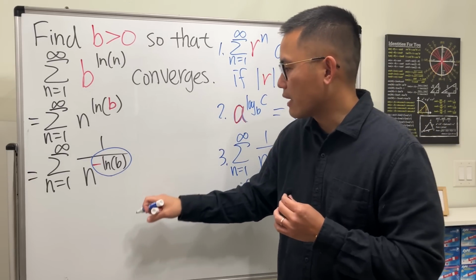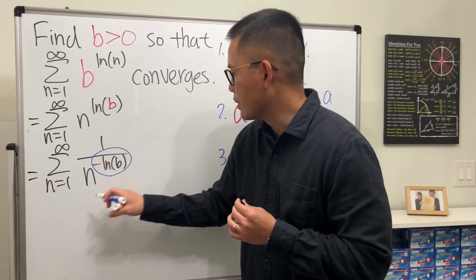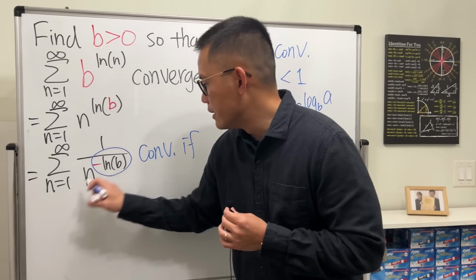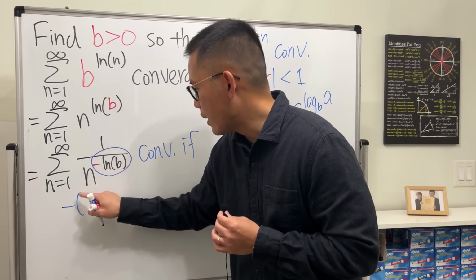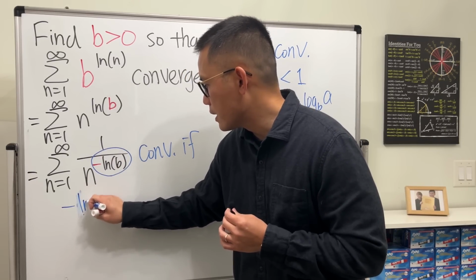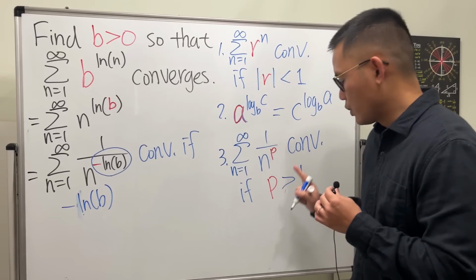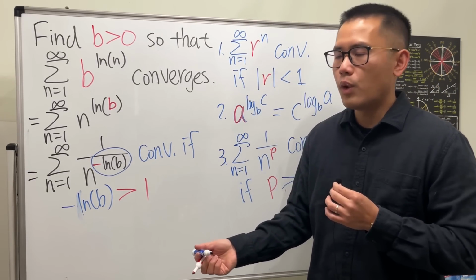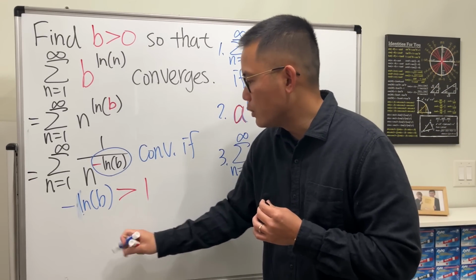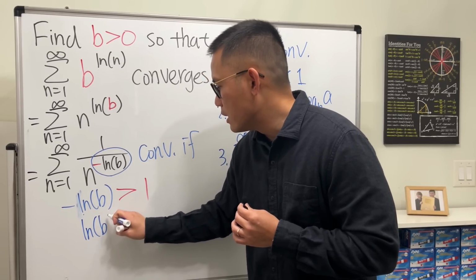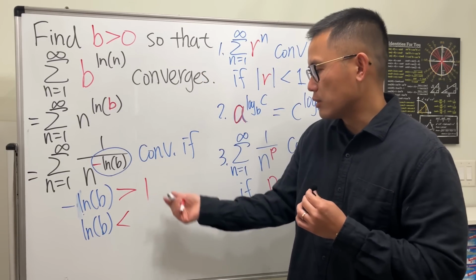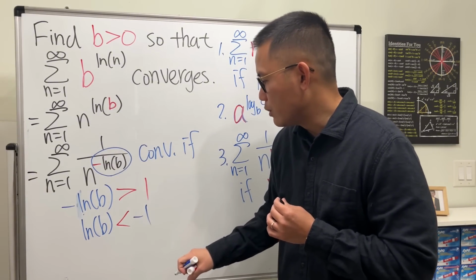This right here converges, I'm just going to write it down, converges if this, which is negative ln b, has to be greater than 1. And now we can just solve this inequality. Divide both sides by negative 1, we get ln b has to be less than, because we divide both sides by a negative, so we switch the sign, negative 1.